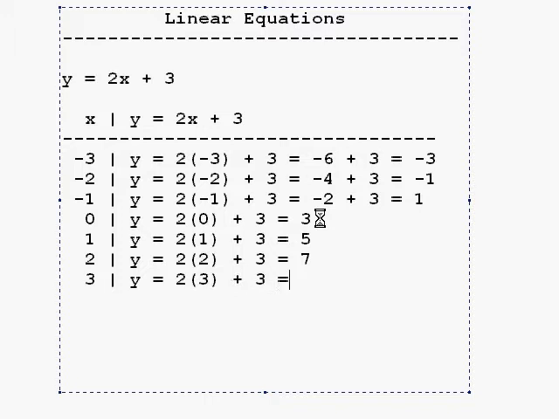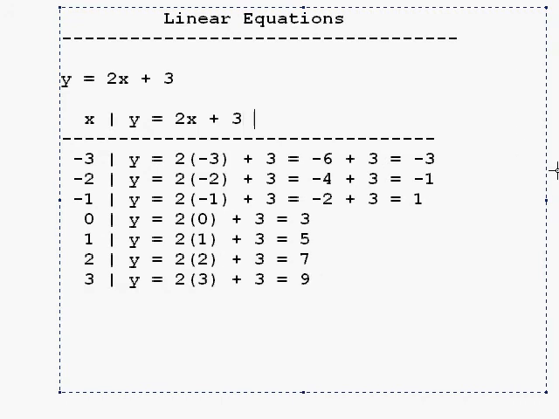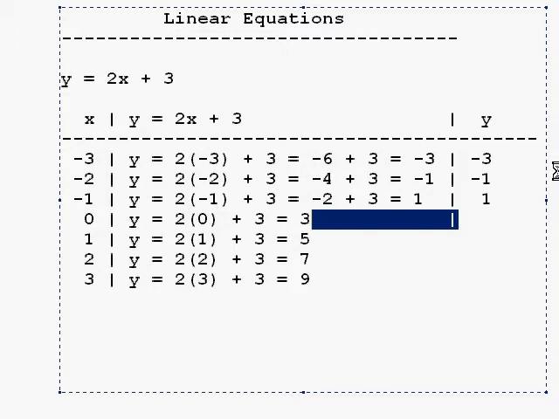And 3 gives 9. Let's expand on this a little, and I want to show what the y's are that we get. Here we got -3, here -1, here +1, here 3, here 5, here 7, and here 9.